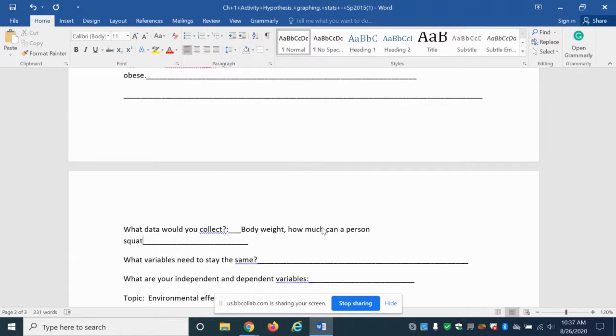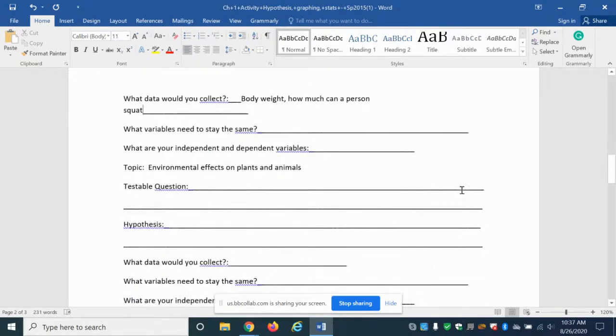So you're looking for a relationship or not between someone's body weight and also if they can lift more weight or not. That is just one example. Your example is going to be a little bit different than mine.